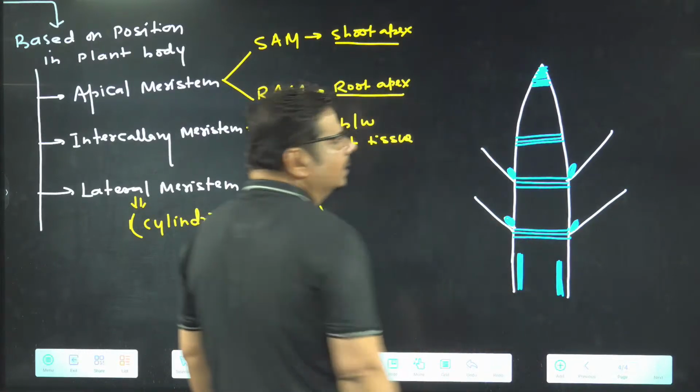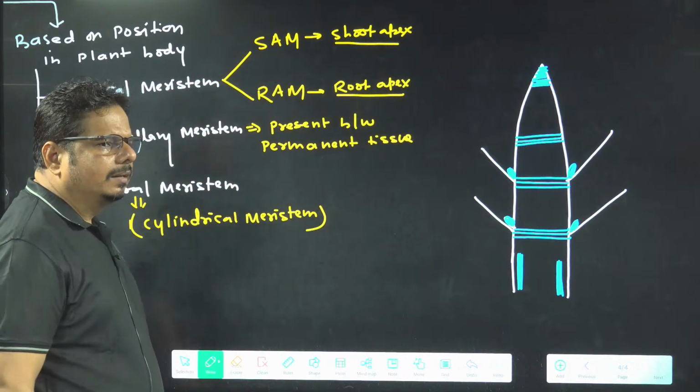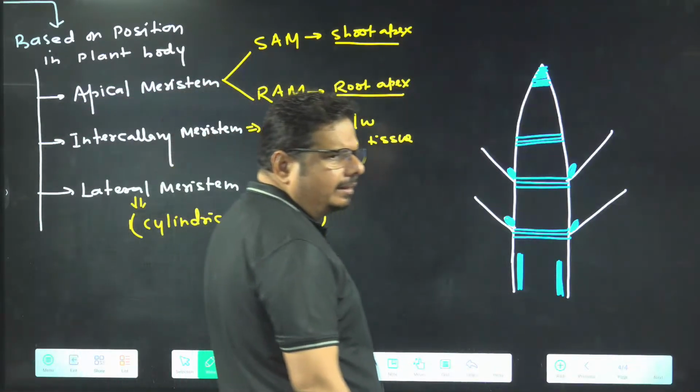What are in the blue color are the meristematic regions. Got the idea? Is it clear?